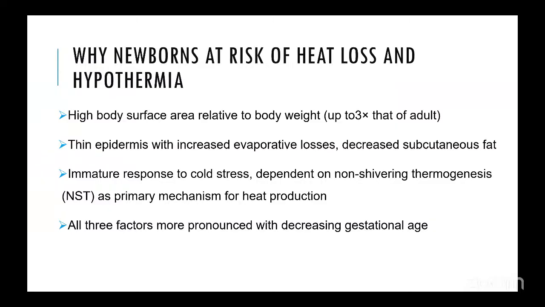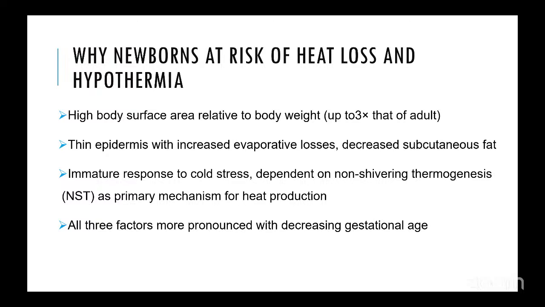So why are newborns at risk of heat loss and hypothermia? Because babies have a high body surface area relative to the body weight, up to 3 times that of an adult. So even though the babies are small, their body surface area is relatively high. Secondly, they have thin epidermis with increased evaporative losses and decreased subcutaneous fat. This causes easy heat loss, and also there is an immature response to cold stress.